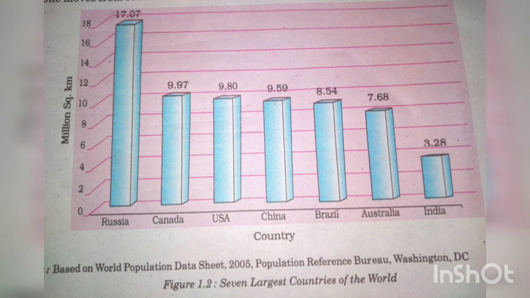So in this way, we find that India is the 7th largest country of the world. The land boundary of our country is 15,200 kilometer, and the total length of the coastline, including Andaman, Nicobar and Lakshadweep Islands, is 7,516.6 kilometer.